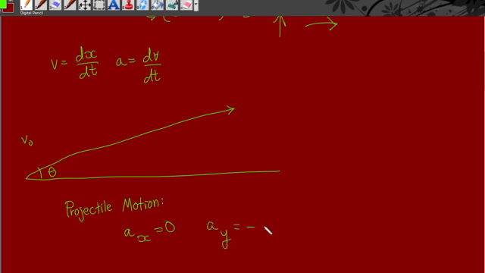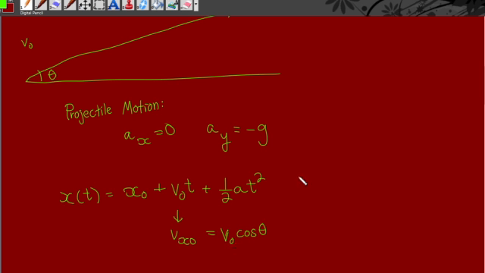Also, if we look at the second kinematic equation, which says that the position is equal to the initial position plus v naught t plus 1/2 a t squared. In this case, if we're looking at the x direction, this would be v sub x naught, the initial component of the speed in the x direction, which using basic trigonometry is v naught cosine theta.